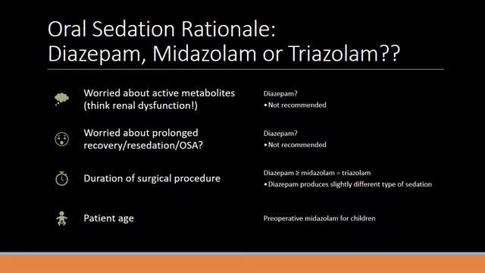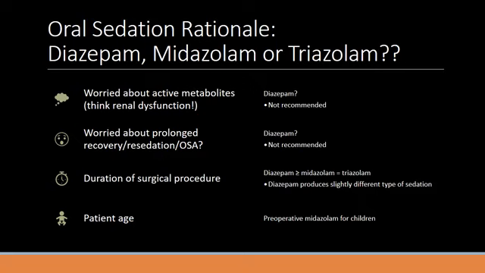Now, in terms of picking and choosing between these three agents, one of the things you need to look at is whether or not they've got active metabolites, and is that a problem for the particular patient. So if you've got patients that have problems excreting drugs or metabolizing drugs, that can be problematic. So, if you've got renal dysfunction or liver dysfunction, is diazepam maybe something that you'd want to utilize? Probably not, right?